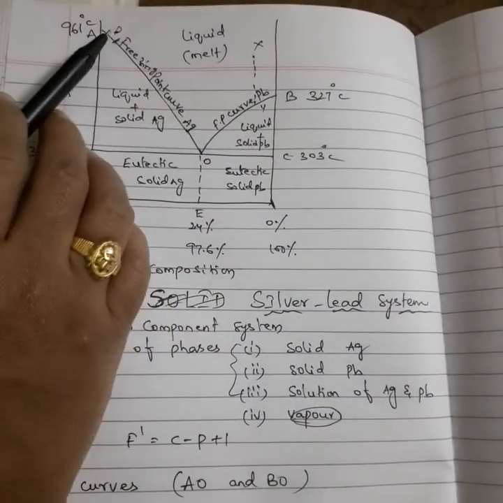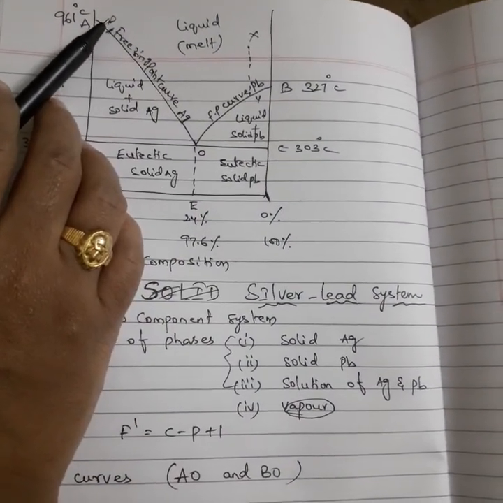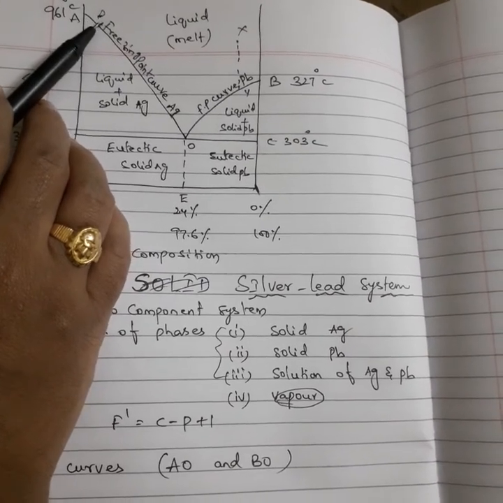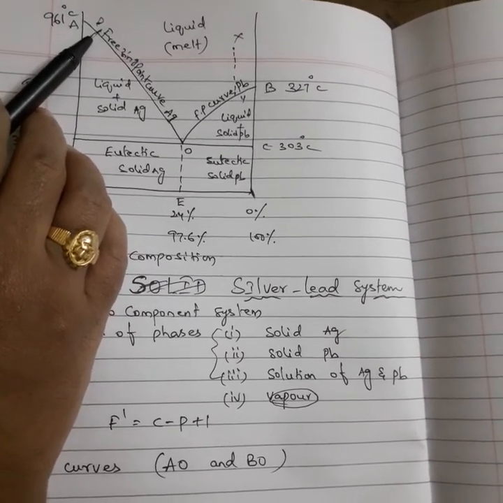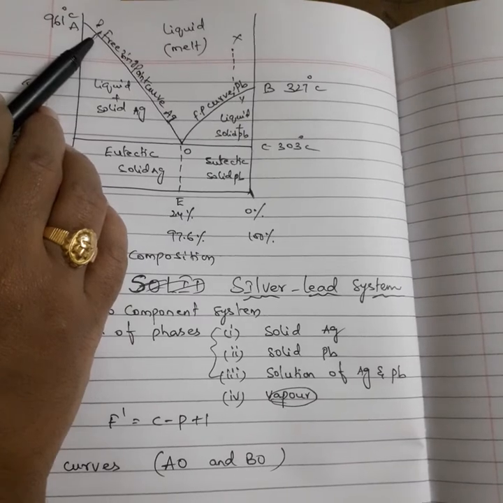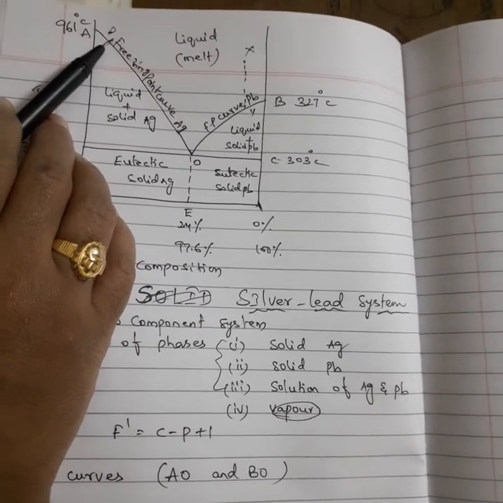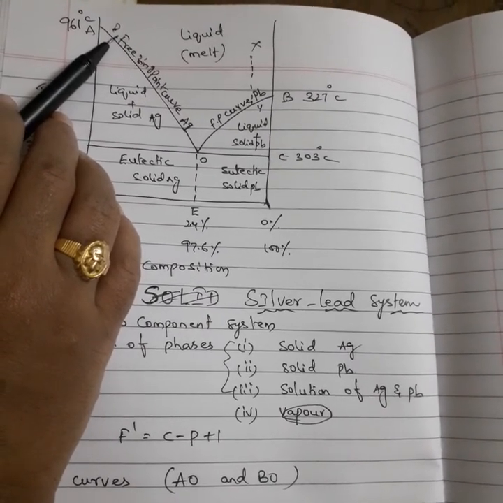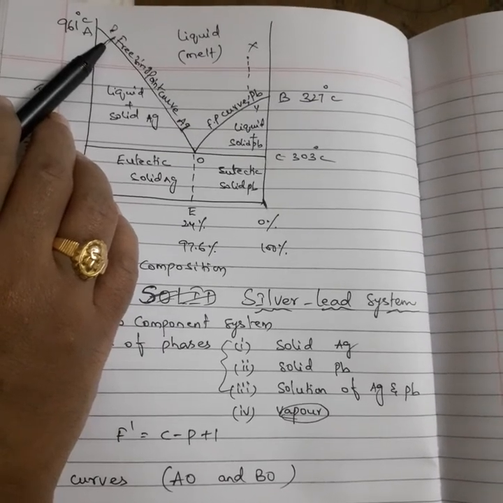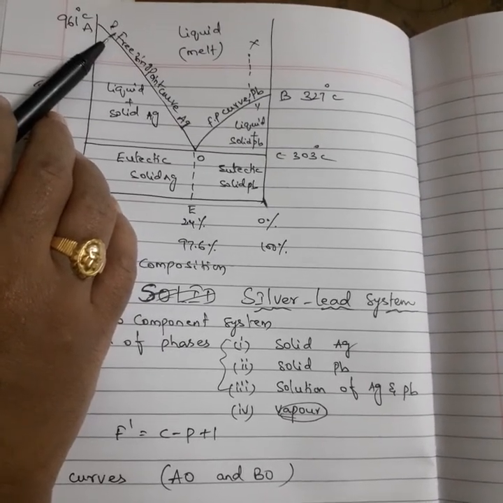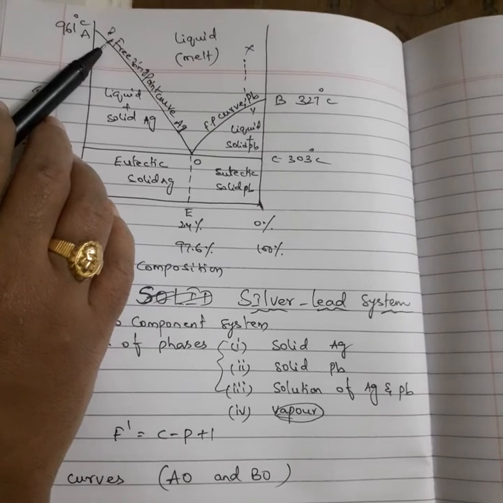Here both of these are in the liquid form. Now I am slowly decreasing the temperature, so it comes to this curve. When it reaches the curve, silver starts solidification. Now I am adding a little amount of lead.